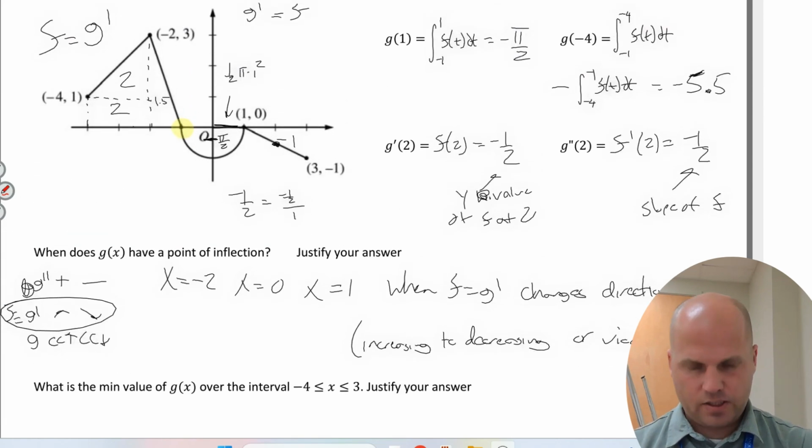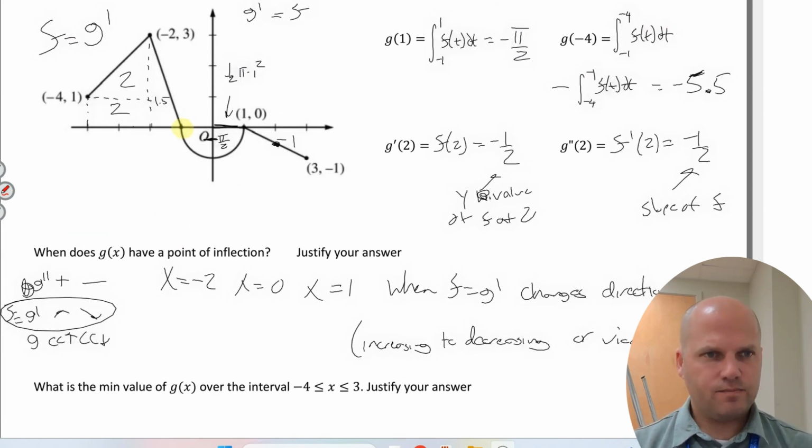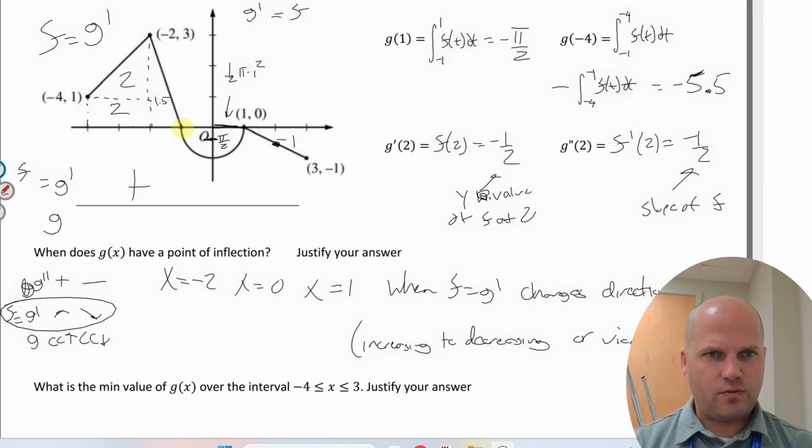Min value. All right, let's actually look at the sign analysis. Okay, g prime, which is f, will tell us about g. We see g prime is positive until -1. It is negative until 1. It is negative after that. That means g increases, decreases, decreases.